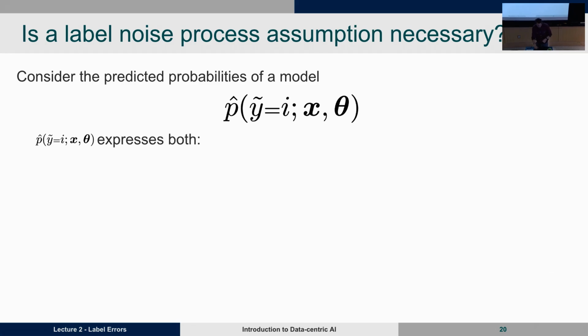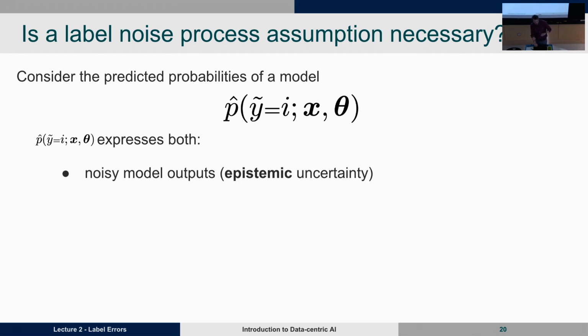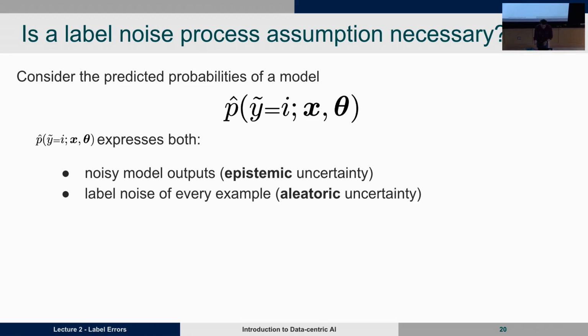All right, so this expresses two things, and this is where we're going to connect the aleatoric and epistemic stuff. This itself is the predicted probabilities. Those are your noisy model outputs. But also, this is the label noise, if you notice. For this example, it tells you the probability of all the labels. Say you had an example and it was the perfect predicted probability.